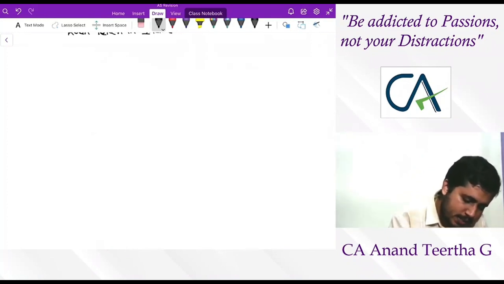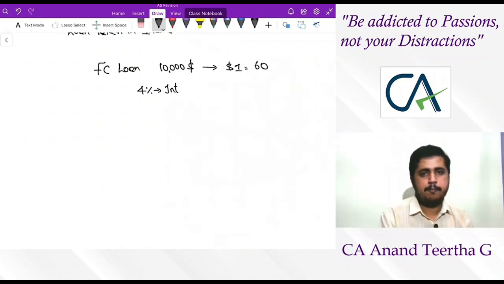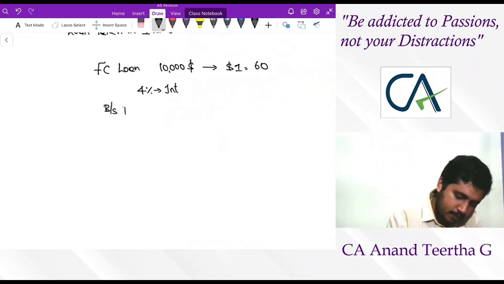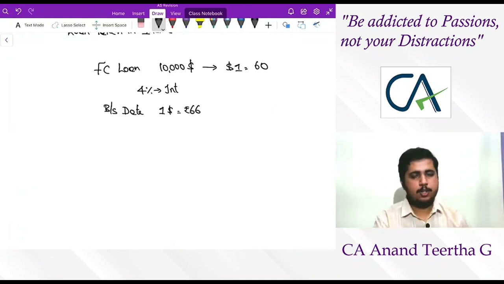Okay. Now let's assume that there is a foreign currency loan taken, $10,000. Interest rate is say 4%. And on the date of taking the loan, the rate was $1 is equal to 60. Now, on the balance sheet date, $1 is equal to 66. This is the situation.